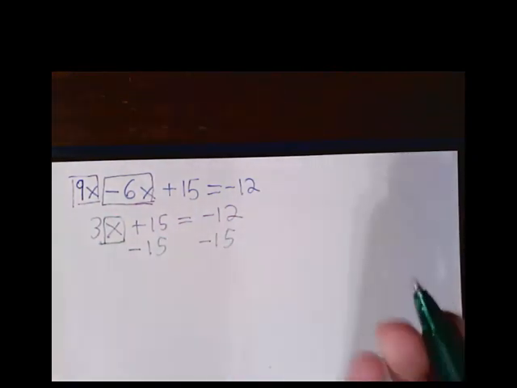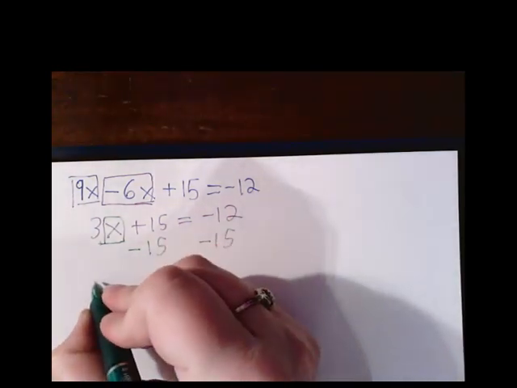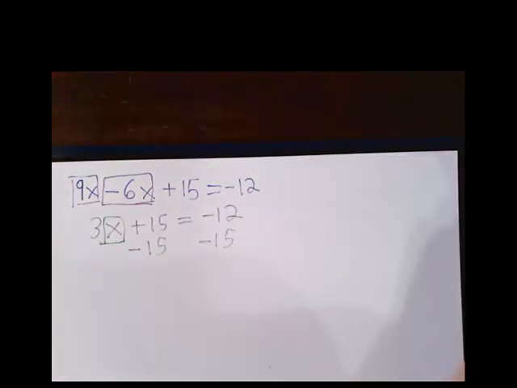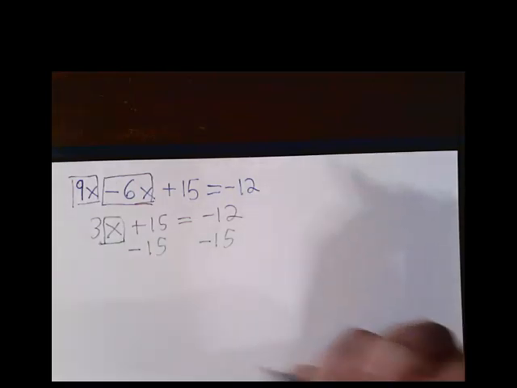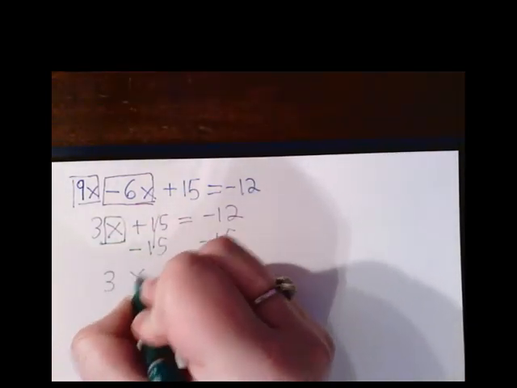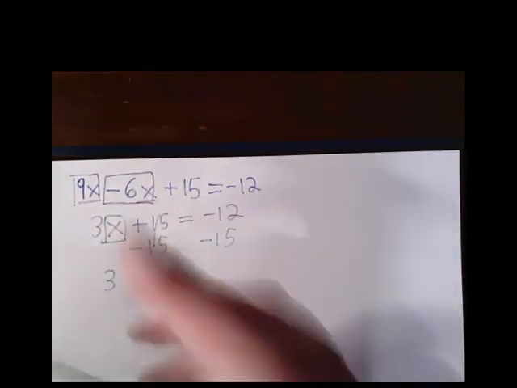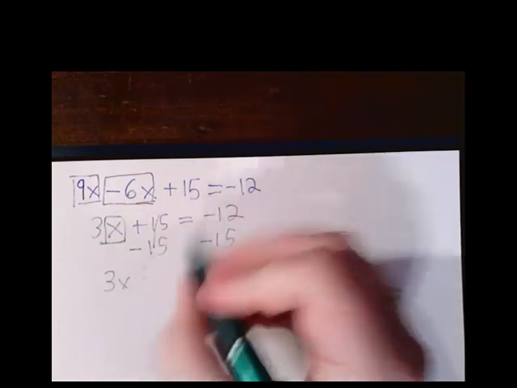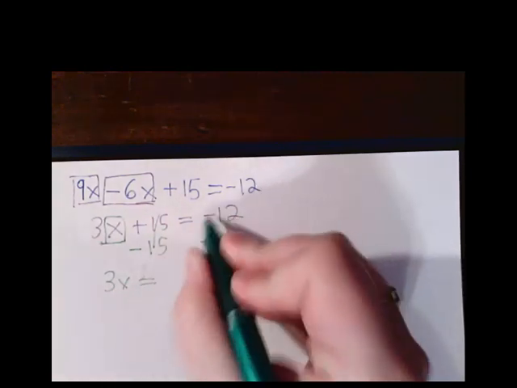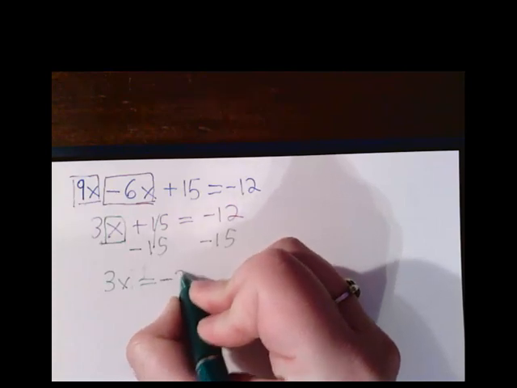Okay, we always undo anything that is adding or subtracting first before we move on to multiply and divide. All right, so 15 plus a negative 15, or 15 minus 15 is 0, so those cancel out, and I am left with 3x. Let me write that a little better. 3x is equal to a negative 27.